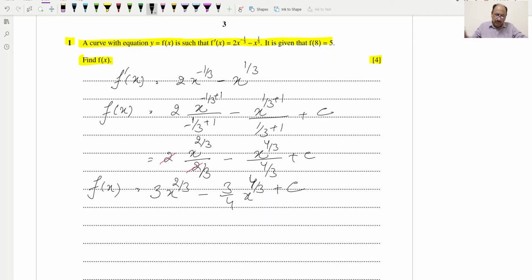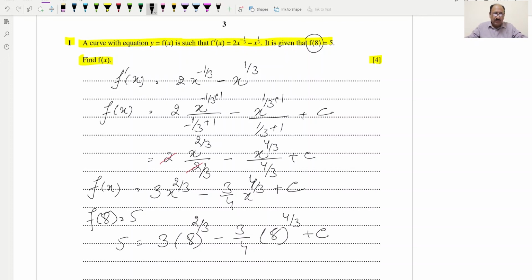Now we know that f(8) is equal to 5. So for f(8), we will replace x. This implies we can write 5 is equal to 3 into 8 raised to 2/3, minus 3/4 times 8 raised to the power 4/3, plus c.